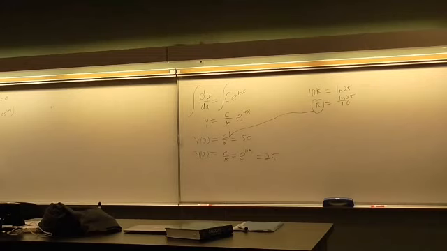So the first derivative is y' equals 1/2 (e^(2x) plus e^(-2x)). And then y'' is now just e^(2x) minus e^(-2x).